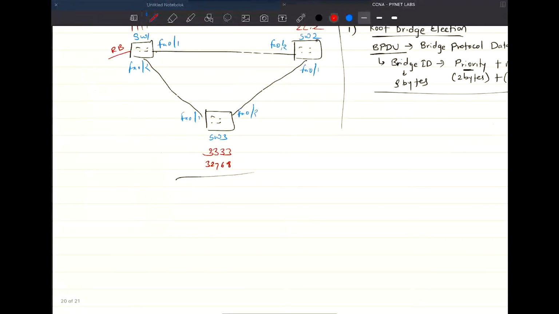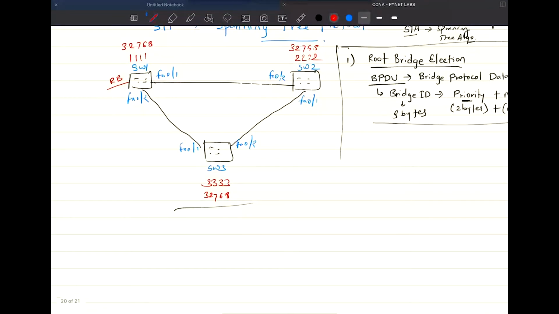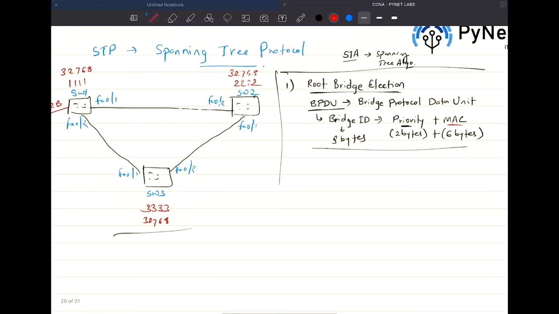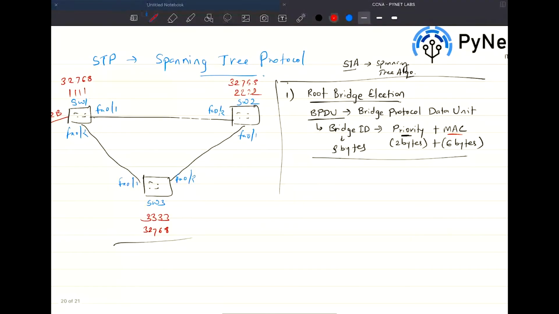Okay. And switch 1's FA0/1 and 0/2 will always be on. They will never be blocked. So the first task is basically to elect the root bridge, and that's what we did with the help of BPDU.